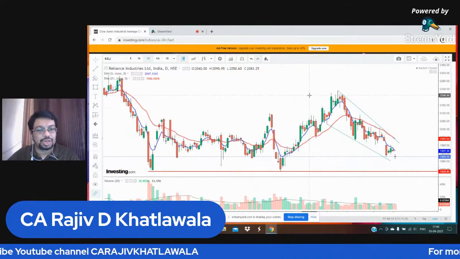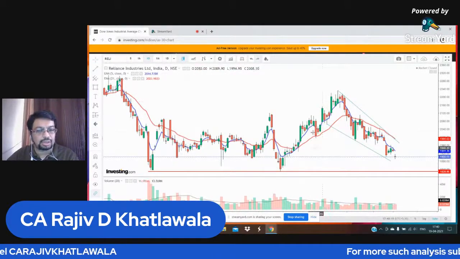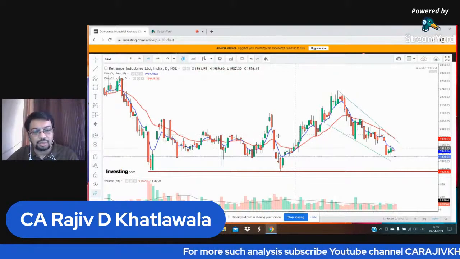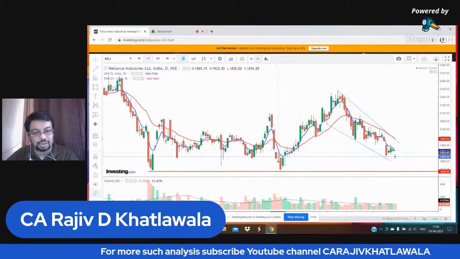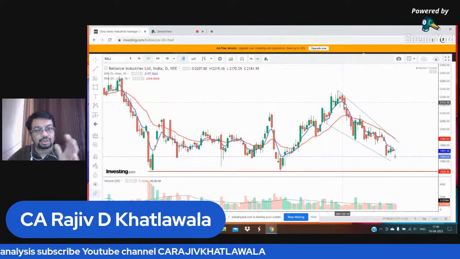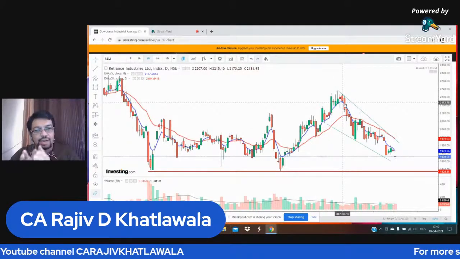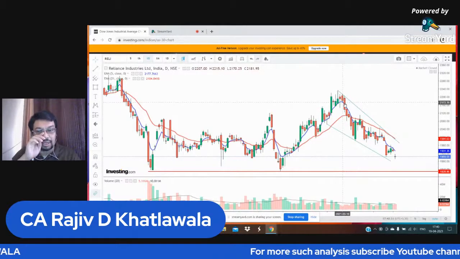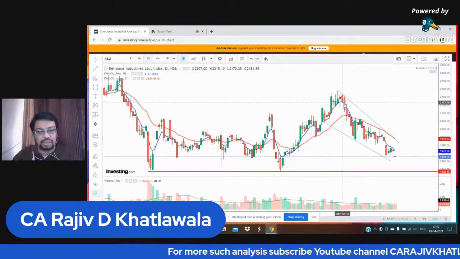Now on your screen, what you're observing on the candlestick chart is two moving averages. There is a blue line which is following the price, which is the 5 days moving average. It is averaging the last 5 days of data and doing this process every day. That is why it keeps on going along with the prices.